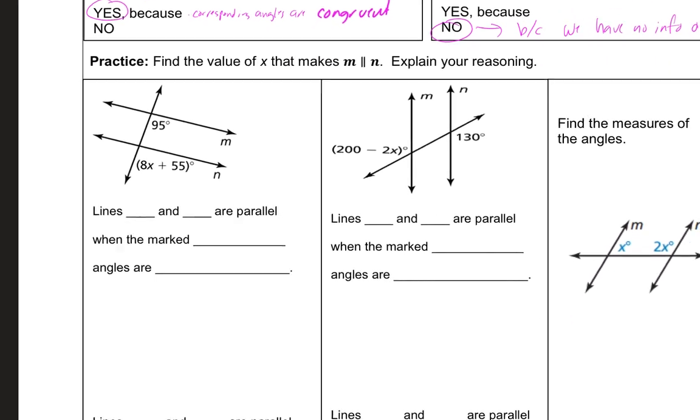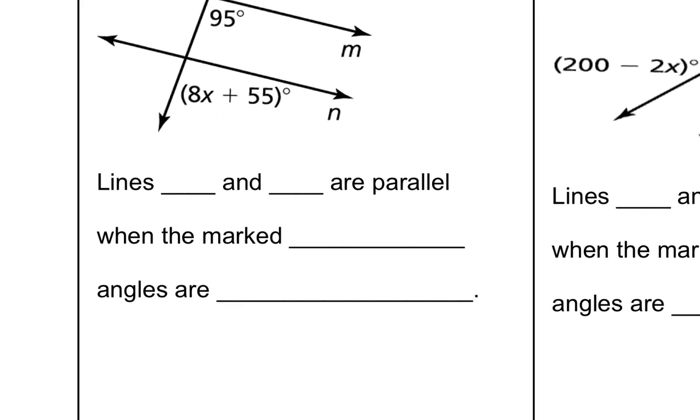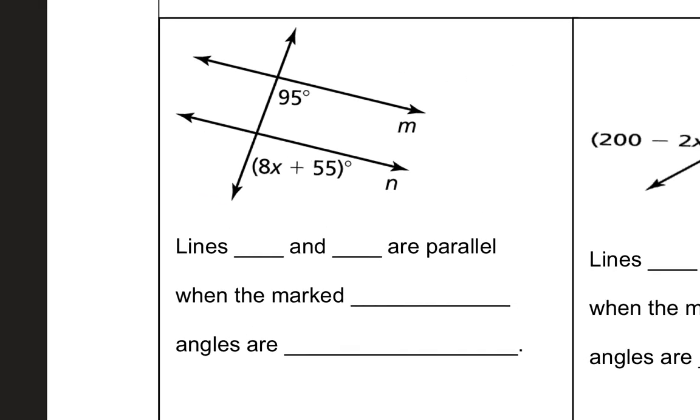Okay, so let's get into some deeper practice with some algebra now. It says find the value of x that makes M be parallel to N. Explain your reasoning. Okay, so let's look at this first one right over here. If we see that this is a transversal, right, and it's crossing these two lines, are these parallel or not? Okay, well, we can tell only if this angle and this angle, those would be what we call corresponding, right?